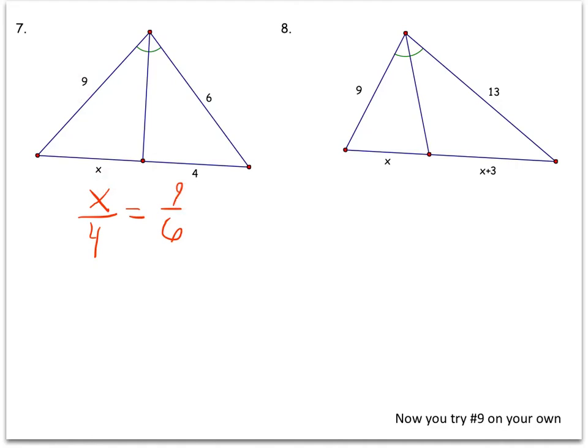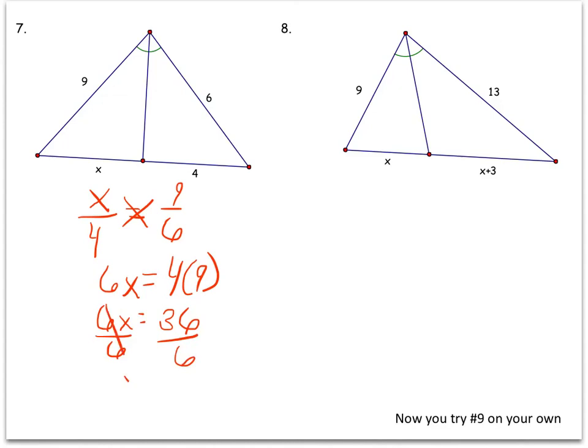So 9 is next to x, and 4 and 6 must match up in the denominators. Solving this, take the cross product, we get 6x is equal to 4 times 9, so 6x is equal to 36. Divide both sides by 6 to solve for x, and x is equal to 6.